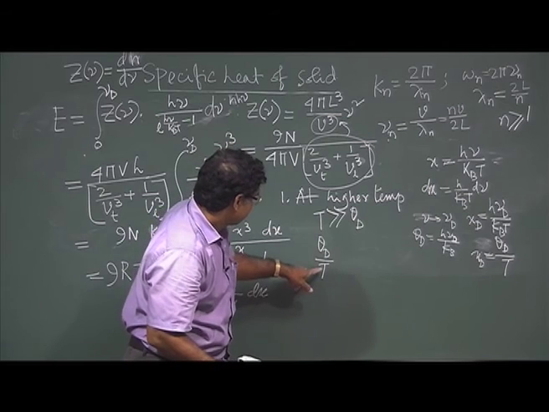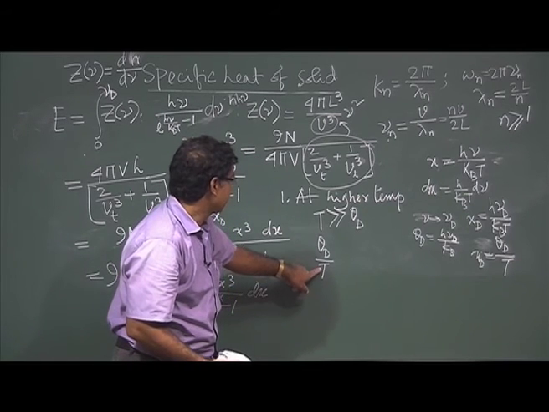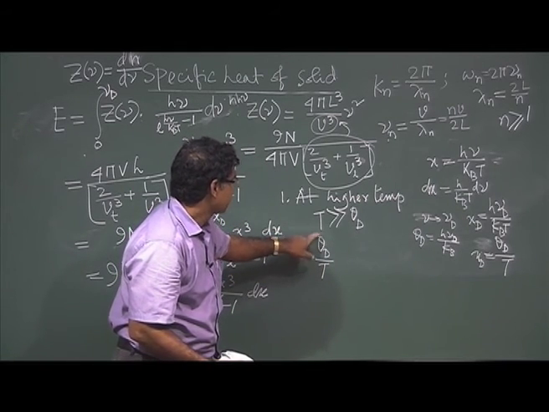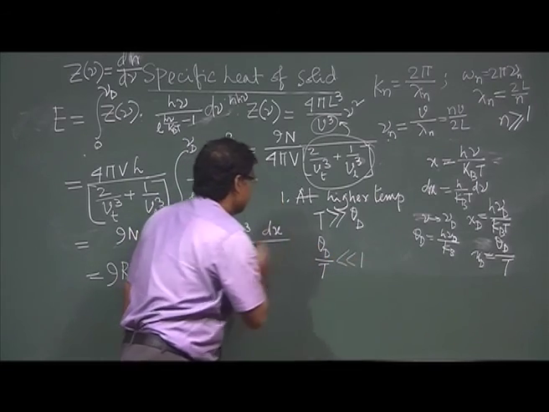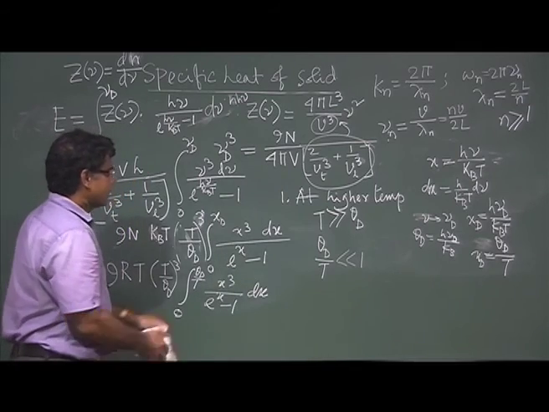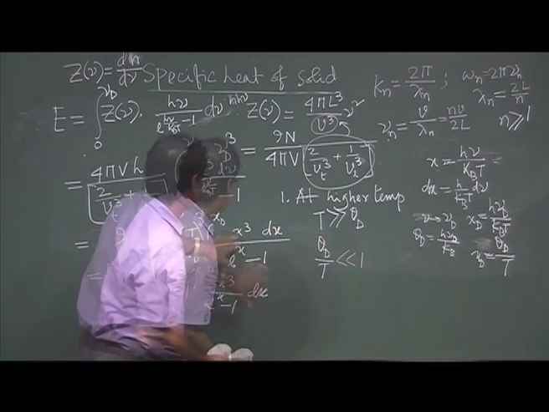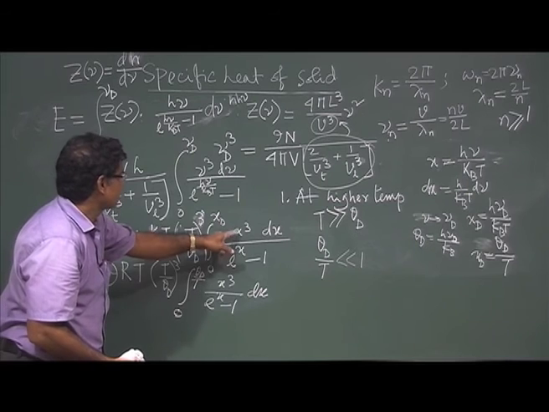So, t is very high compared to theta d, right. So, this will be very much less than 1.